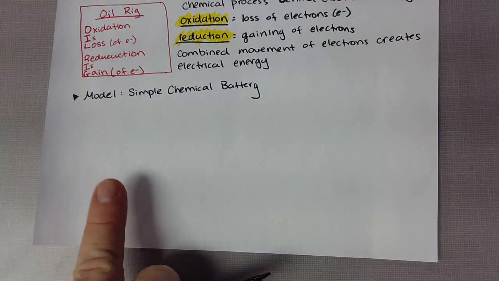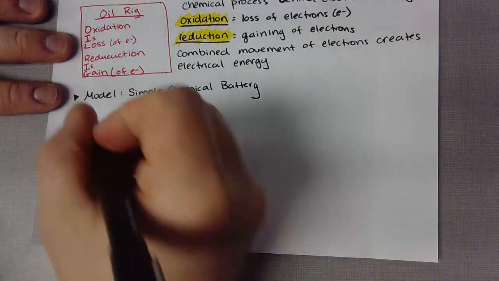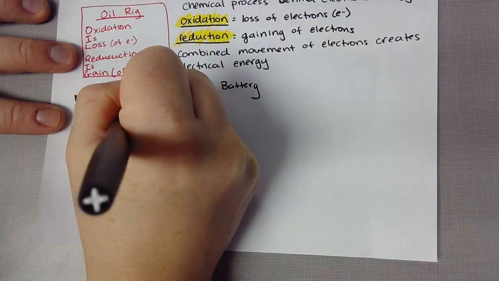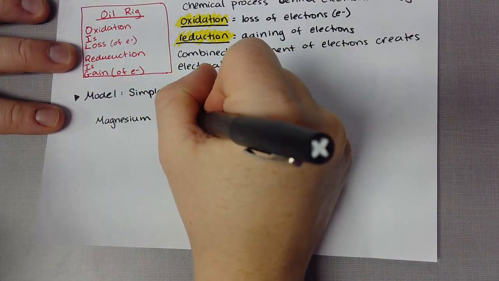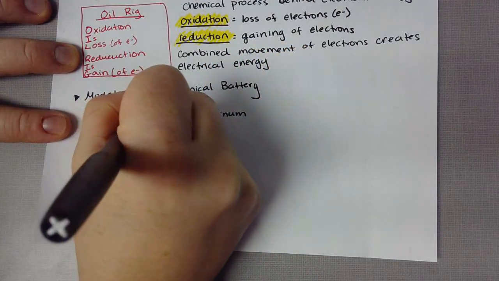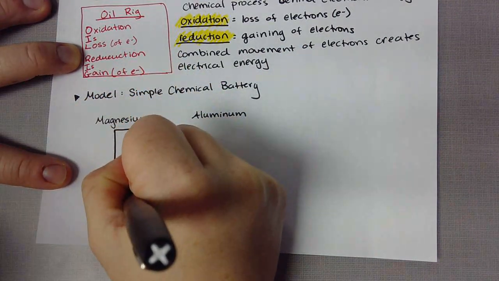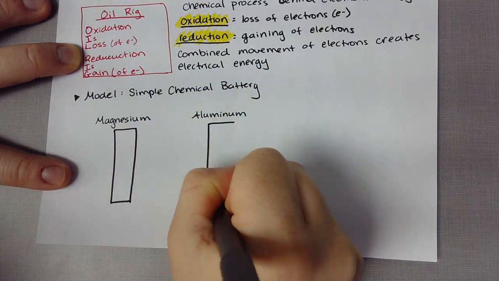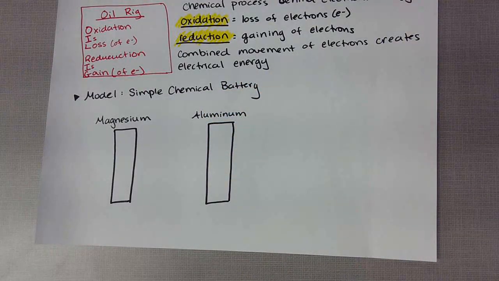We are going to start by having two different metals, and these metals are going to be called electrodes. So metal number one, I'm going to call magnesium. Metal number two is going to be aluminum. These are just going to be metal strips. There were lots of different metals I could have picked, but all batteries have something in common.